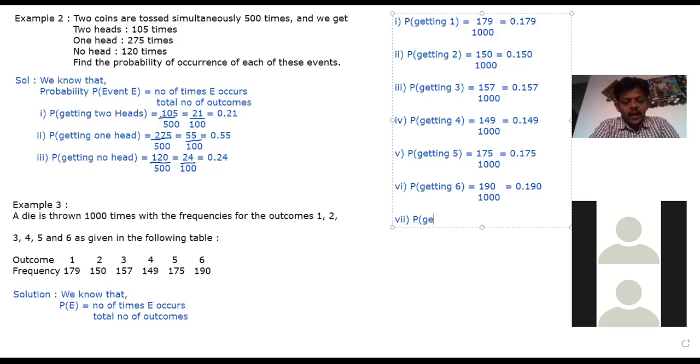Now give me the answer to this question. P of getting a multiple of 2 is equal to, how many times have you got a multiple of 2?